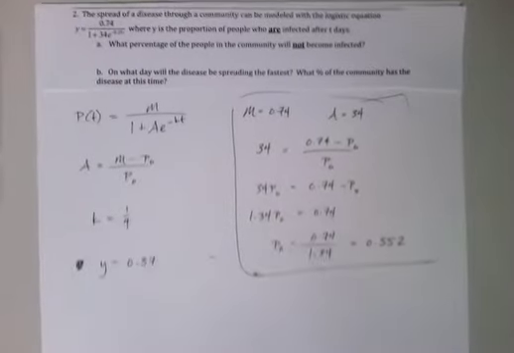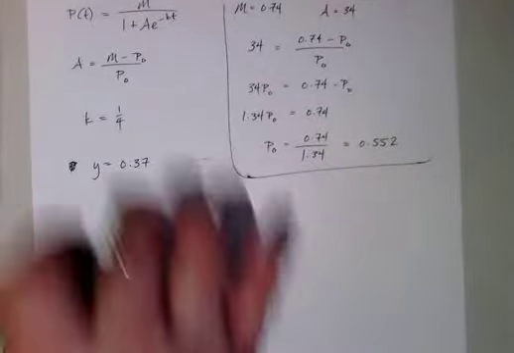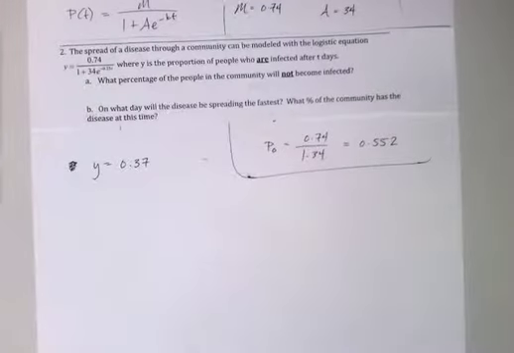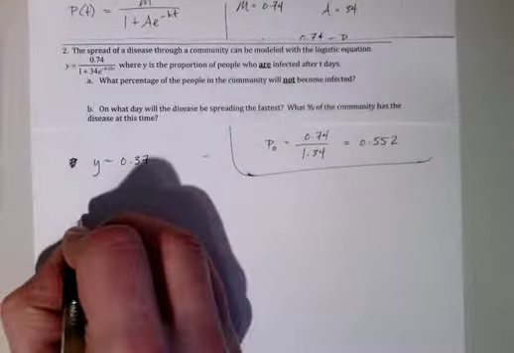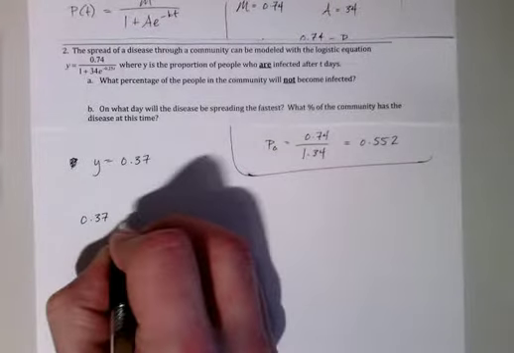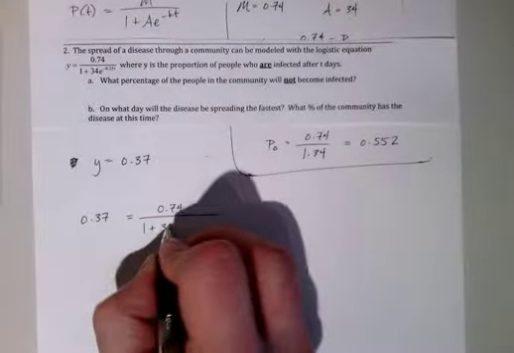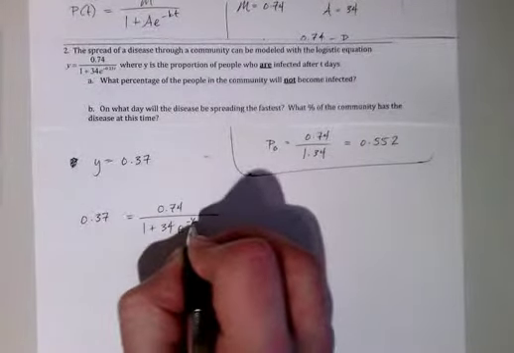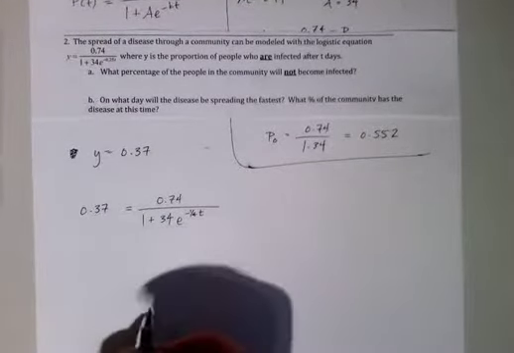If the point of inflection is going to be at 0.37, okay, then what we need to do is we simply need to solve for T. You can say, okay, well, 0.37 is equal to 0.74 over 1 plus 34e to the negative 1/4 t. You can go ahead and flip this over.